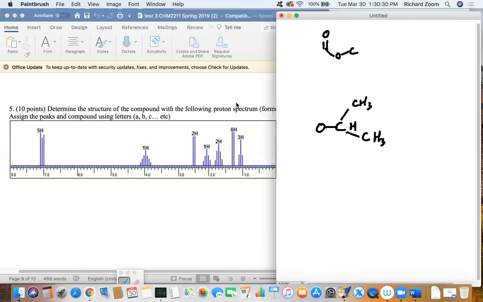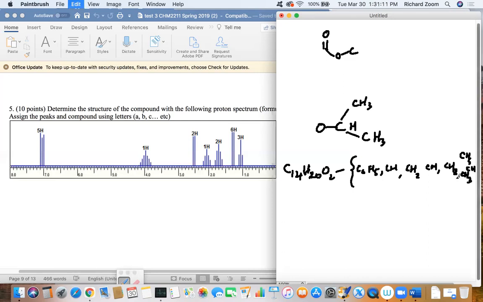C14H20O2. And then I've got my groups. I've got my C6H5, I've got my CH, CH2, CH, CH2, CH3, CH3, and another CH3.